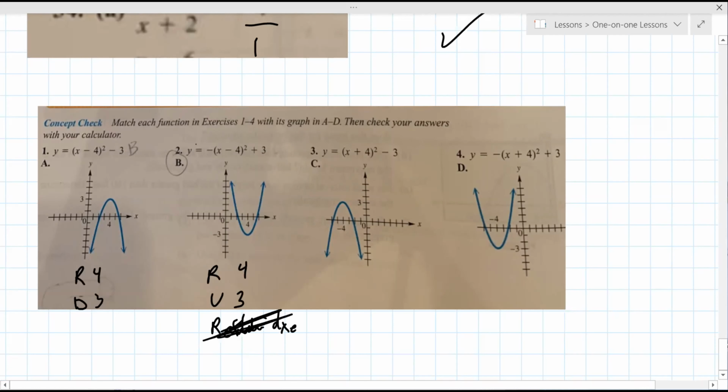Well, 2 is A. Number 3 is left 4 and then down 3. Well, that's letter D. And then we know this is C already, but why? Well, it's left 4, up 3, and reflected.